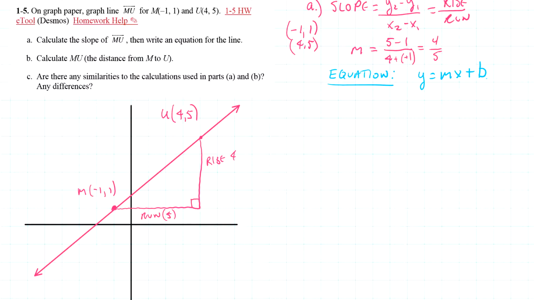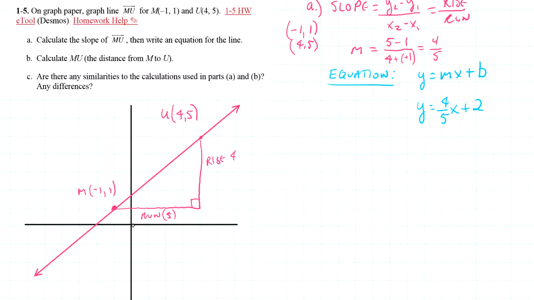So when we look at this, we're going to get y equals 4/5 x plus 2.